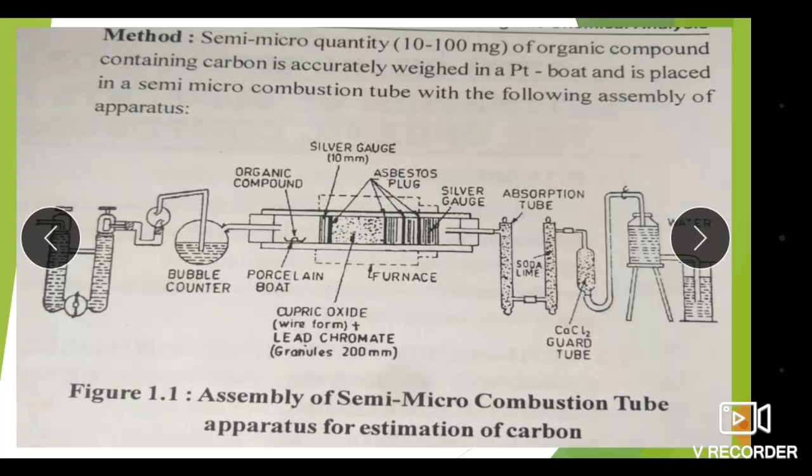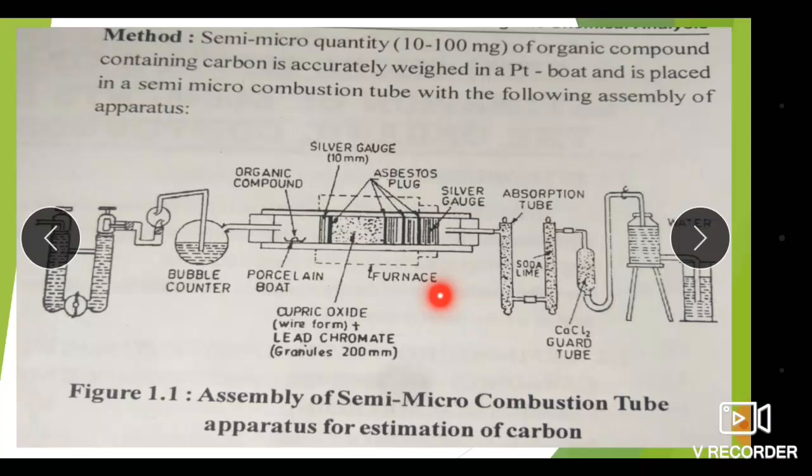So what is the whole assembly for the combustion? The semi-micro combustion tube apparatus for the estimation of carbon. Here a bubble counter is there, and we bubble oxygen through it. The organic compound is placed in the platinum boat, or porcelain boat. Silver gauze is there, 100 millimeter, 10 millimeter.